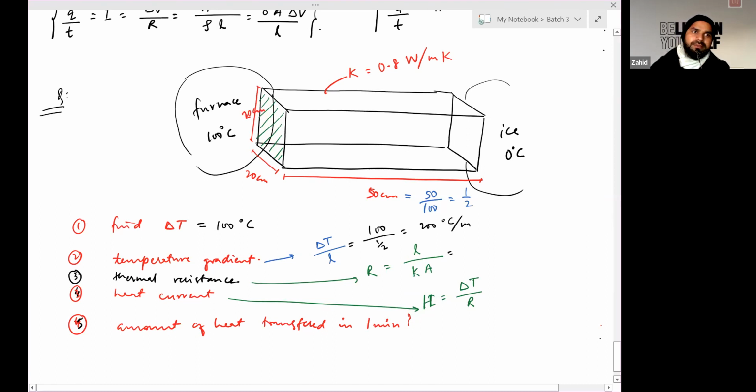Third part, we have length 50 centimeters. So in terms of meter, it will be 0.5, K is 0.8, area of cross section 0.2 into 0.2.